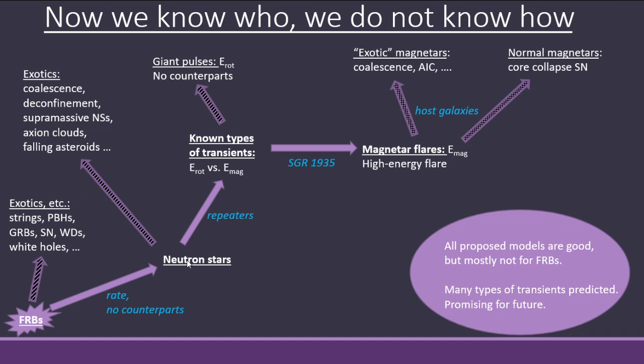Neutron stars. What with neutron stars? On one hand, so on the left-hand side here, you can think about exotics related to neutron stars. With fast radio bursts, I think that's a very useful note. With fast radio bursts, initially you could discuss many interesting exotic scenarios. And this is quite interesting and useful for the development of astrophysics, of physics, because sometimes you have some interesting ideas in your head, but really to discuss them broadly, you need some motivation.